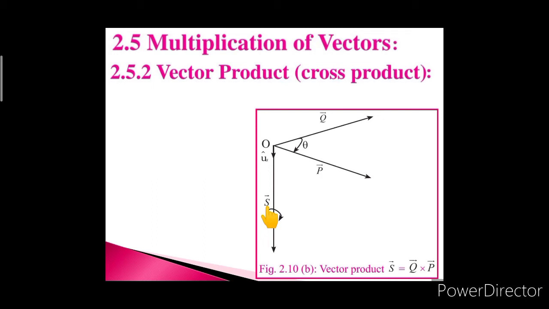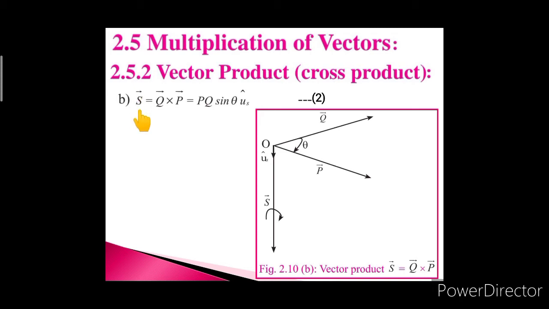So the direction of the resultant is also going to change. Hence, here we are writing vector Q cross vector P as vector S. It is not equal to vector R.